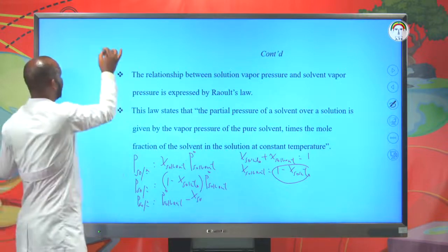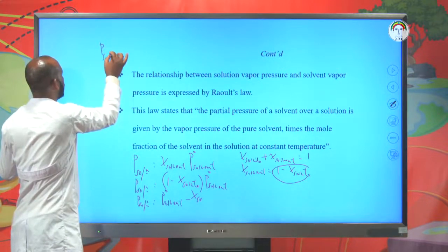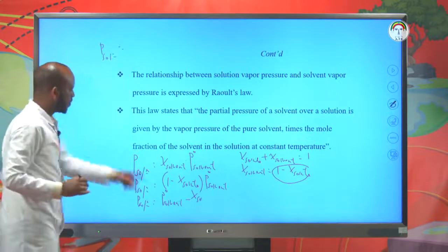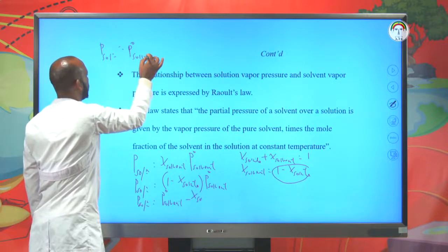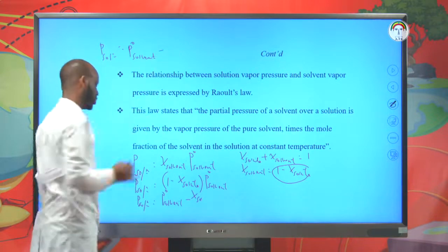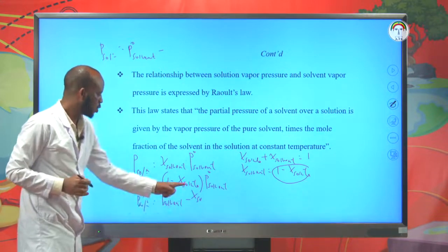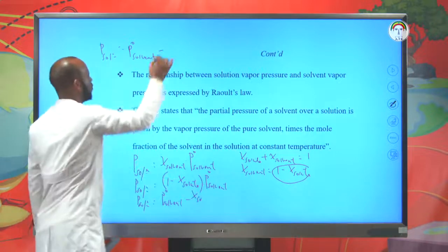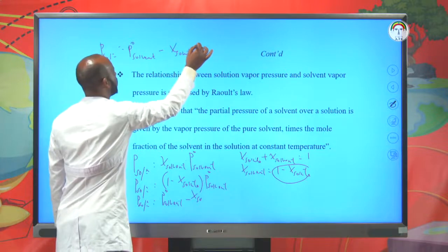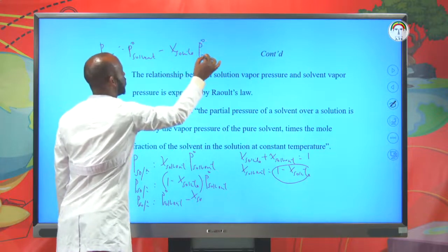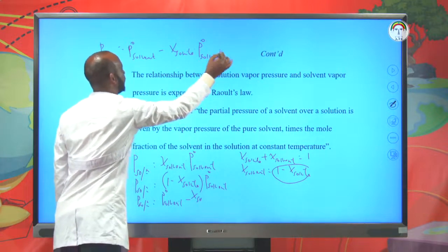So P of the solution equals P naught of the solvent minus the mole fraction of the solid times P naught of the solvent.